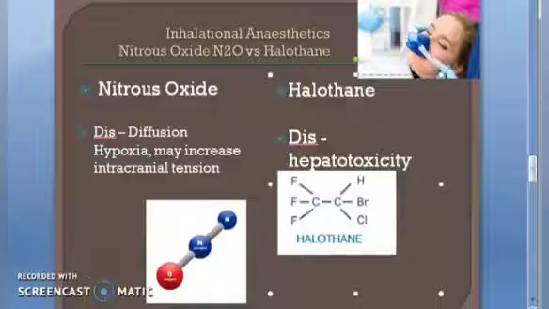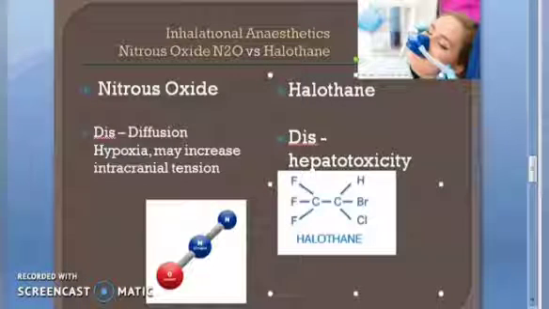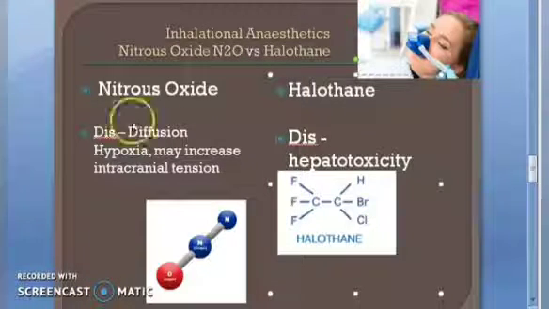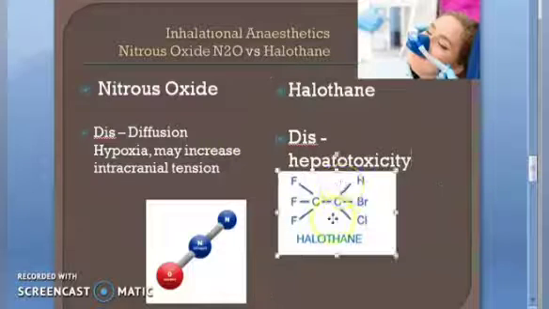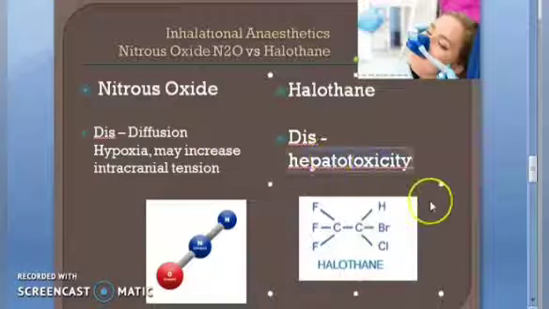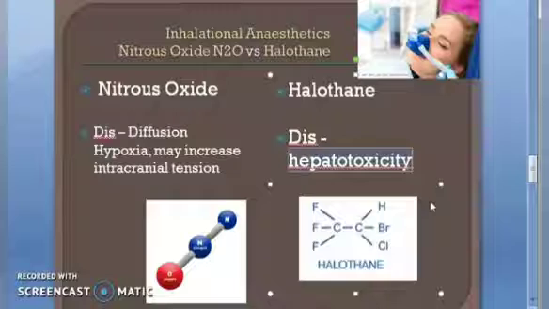Adverse effects, note all the heads, okay? Hypotension, because it is going to affect the heart. It has a depressant effect on the myocardium. Hypotension can be there, respiratory depression, hepatotoxicity, malignant hyperthermia.